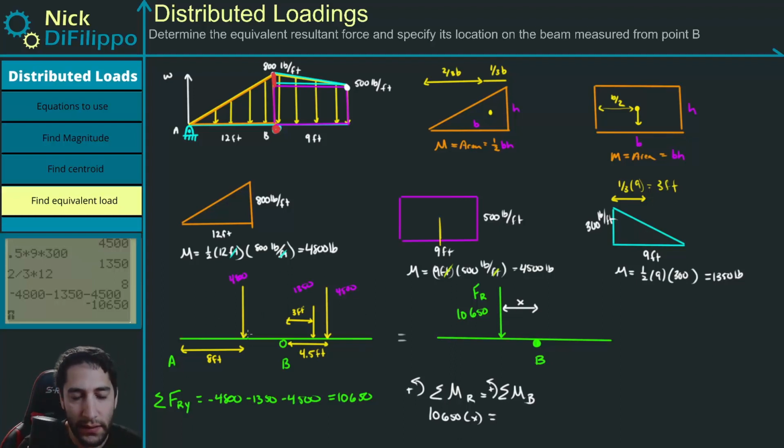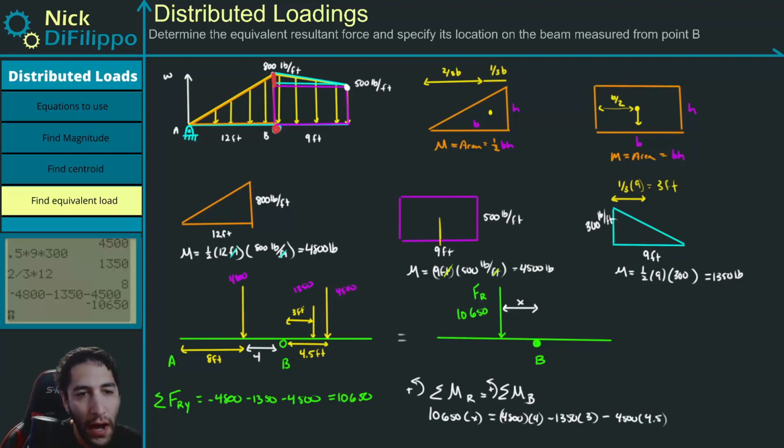So we need to know what this distance is. This distance right here is 4. So this force right here will be 4,800 times 4. Then this will be minus 1350 times 3. And then we'll have minus 4,500 times 4.5.